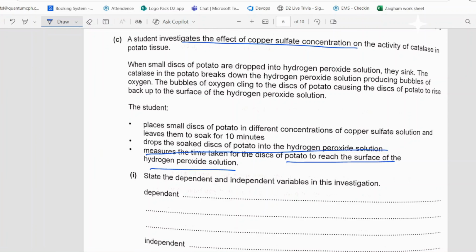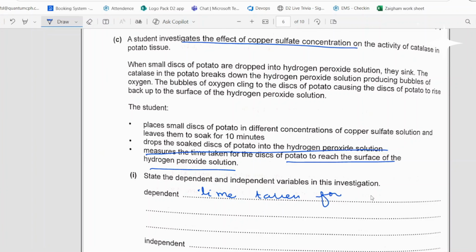Correct. Wait, no, I'm writing wrong, sorry. The dependent variable is the time taken for the disc of potato to reach the surface of hydrogen peroxide. You have to write the complete statement.